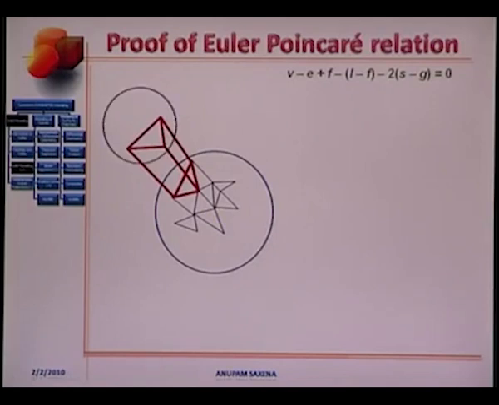In the next step, what we may want to do is bulge out this triangular plane of face into a spherical face. In the Euler relation, nothing changes because this thing is a valid solid, and in fact this solid is homeomorphic to a sphere.